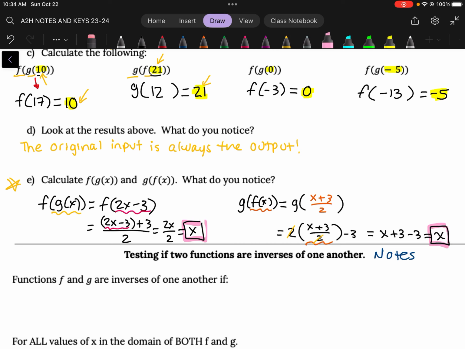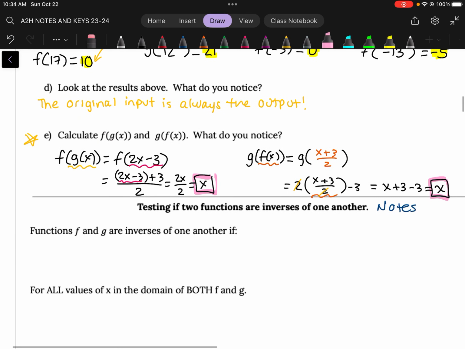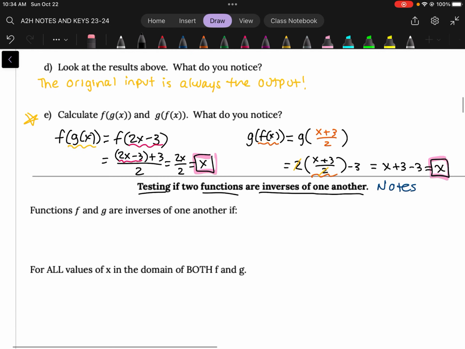In other words, f of x and g of x undo one another, right? Whatever you plug in for g of x, if you take that result and plug it into f of x, you're going to get your original input back, right? So this leads us to our test for if two functions are inverses of one another.